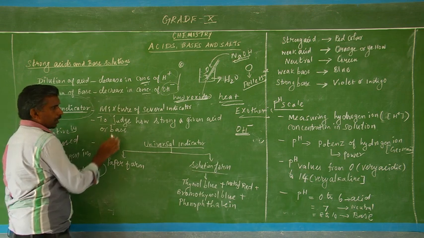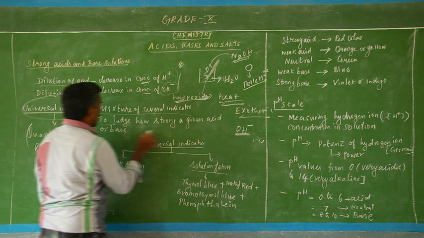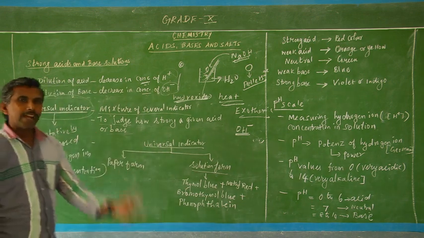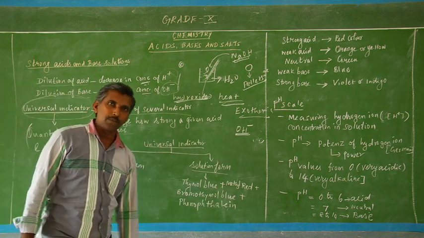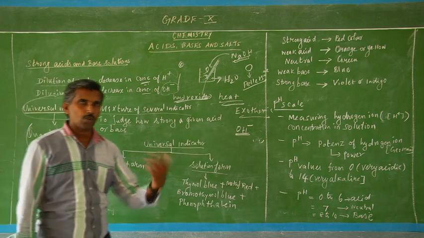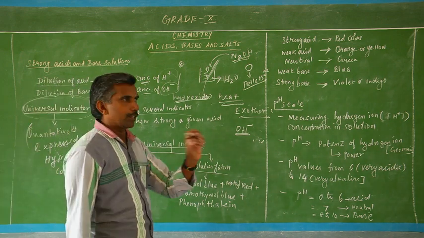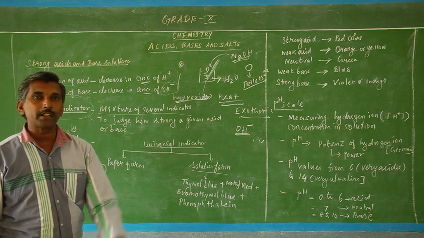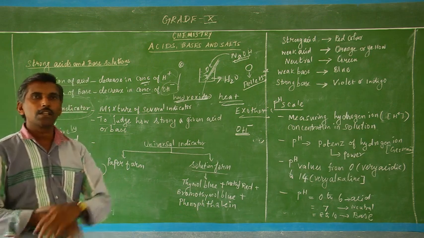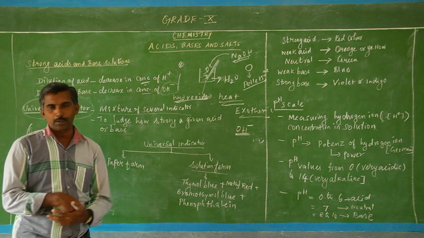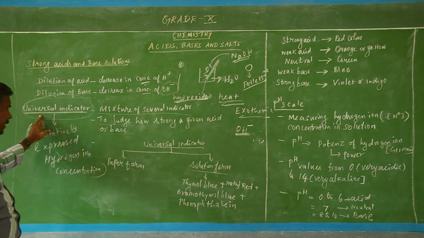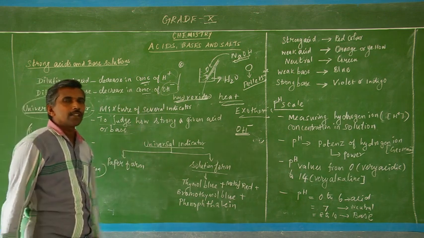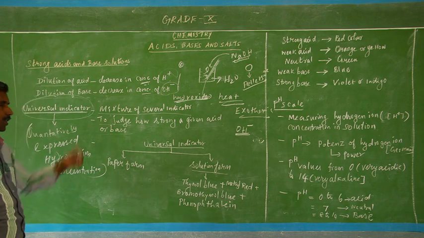To judge how strong a given acid or base is: very strong acid or very weak acid, strong base or weak base. By using universal indicator, we can easily determine this.